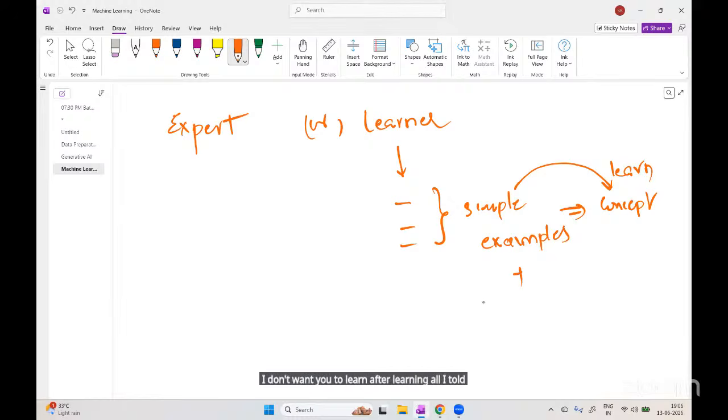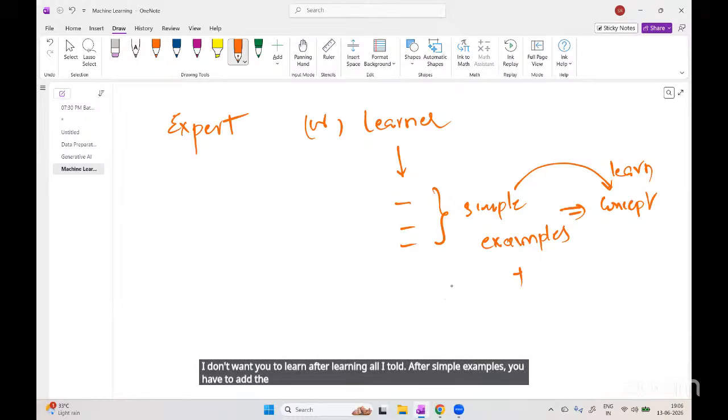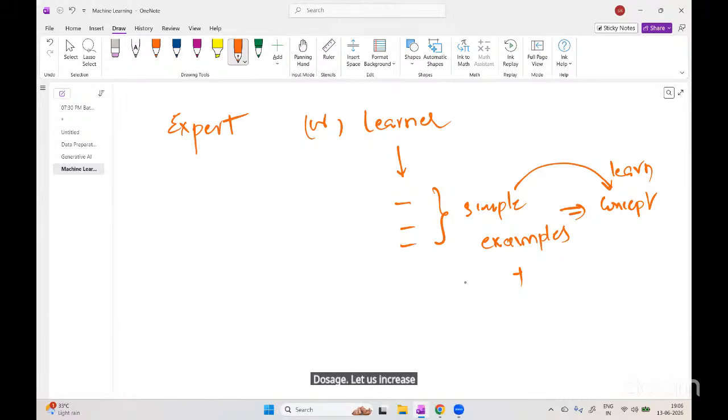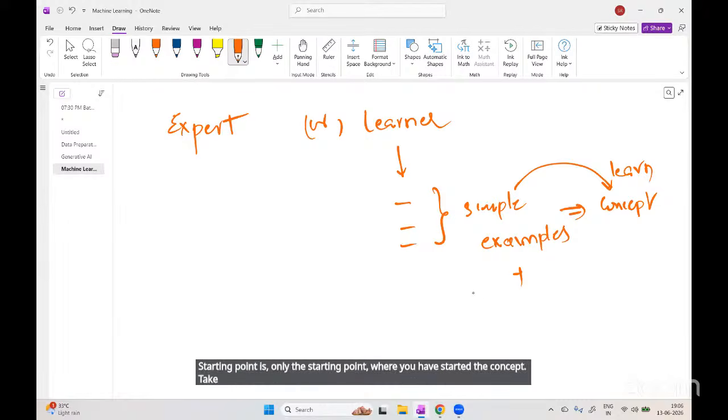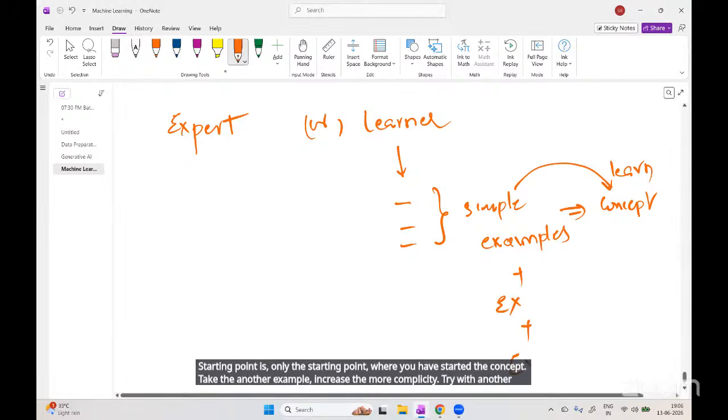After simple examples, you have to add the dosage. Let us increase one more. Who asked you to stop with the simple example? Starting point is not the ending point. Starting point is only where you have started the concept. Take another example, increase the complexity. Try with another example. Then you add one more example. Like that, you practice and increase the dosage of the example.